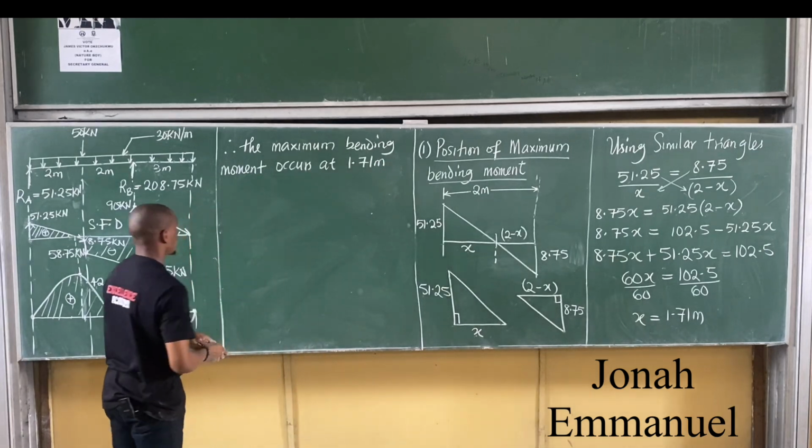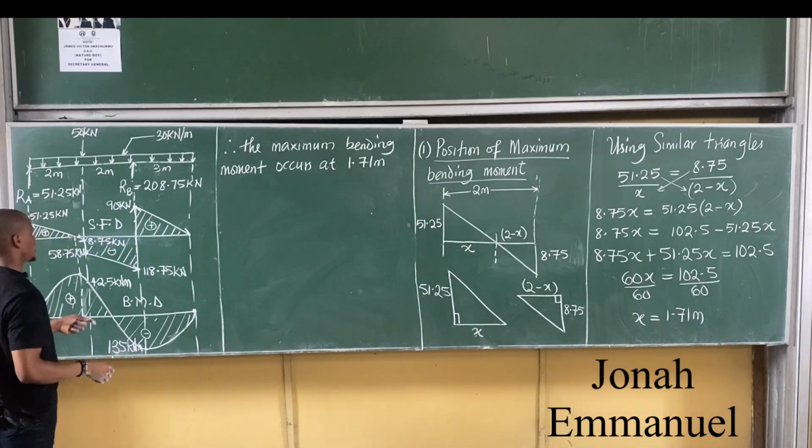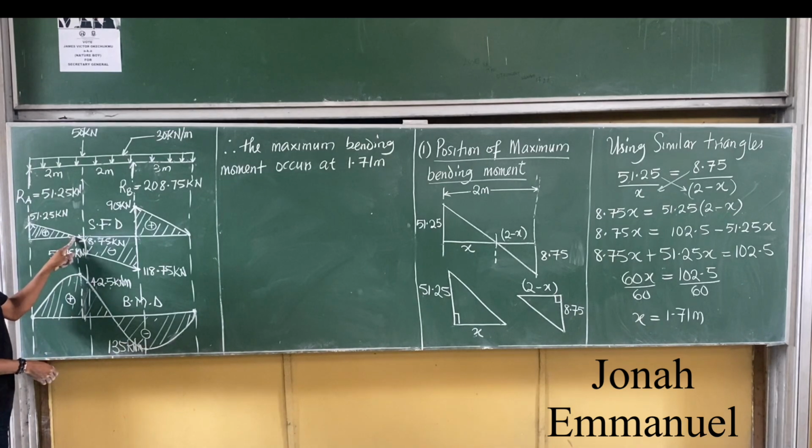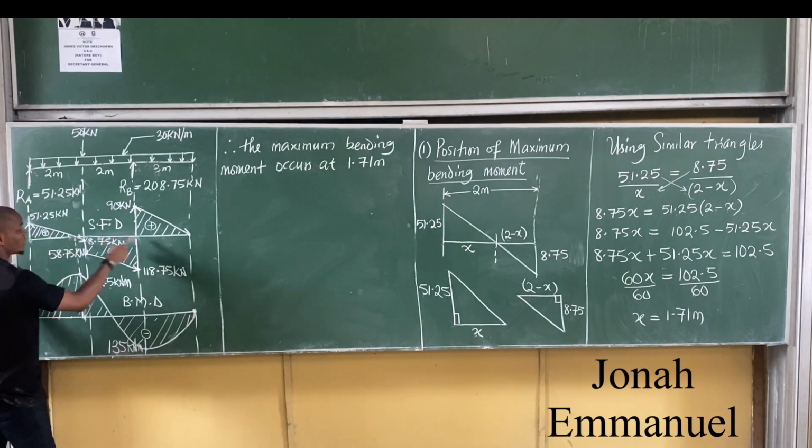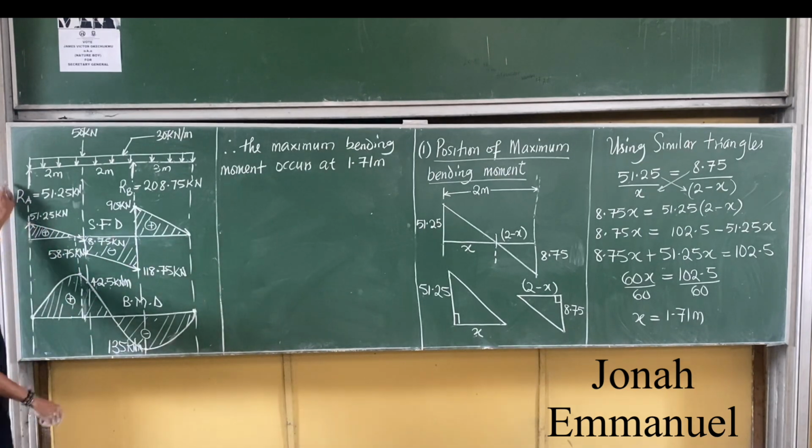Now look at it. 1.71 is the distance from here to here. I can look at this point in 2 ways: either as a distance from here to the left, or a distance from here to the right. So you're saying at 1.71 meters.